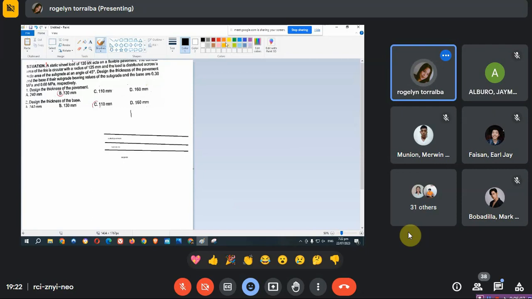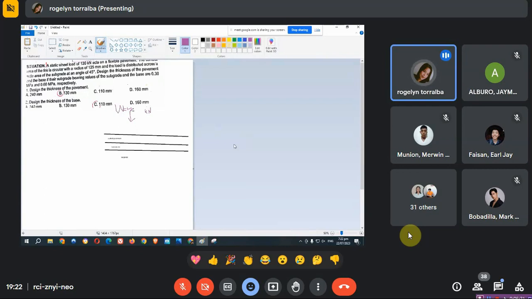The wheel is 120 kN, which is actually your weight. Now, we will be using the cone distribution method.